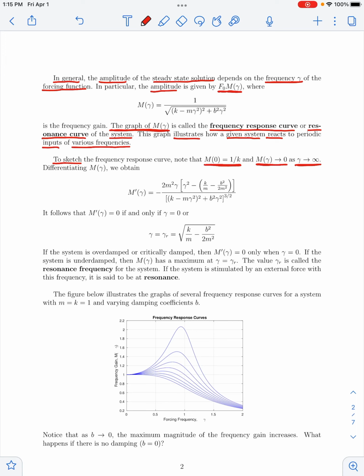Now, to get a little more information about the shape of this frequency response curve, we could look at the derivative of this m of gamma function, and we obtain the following expression.